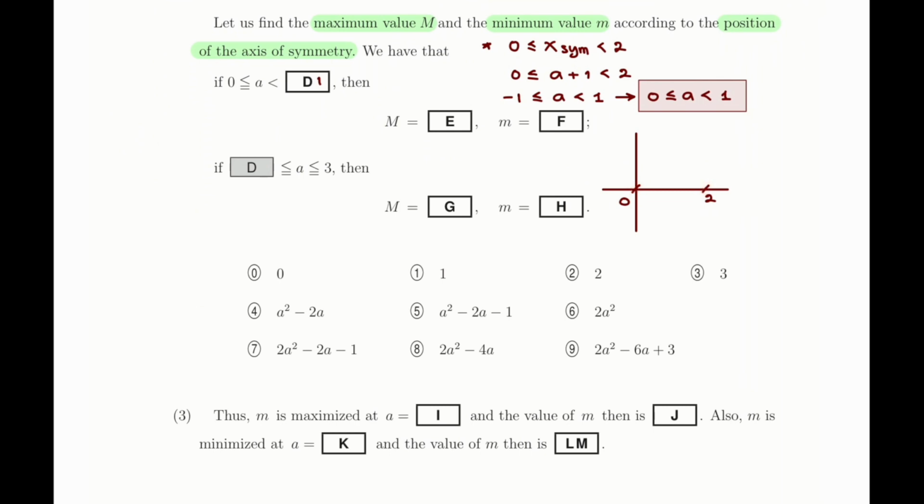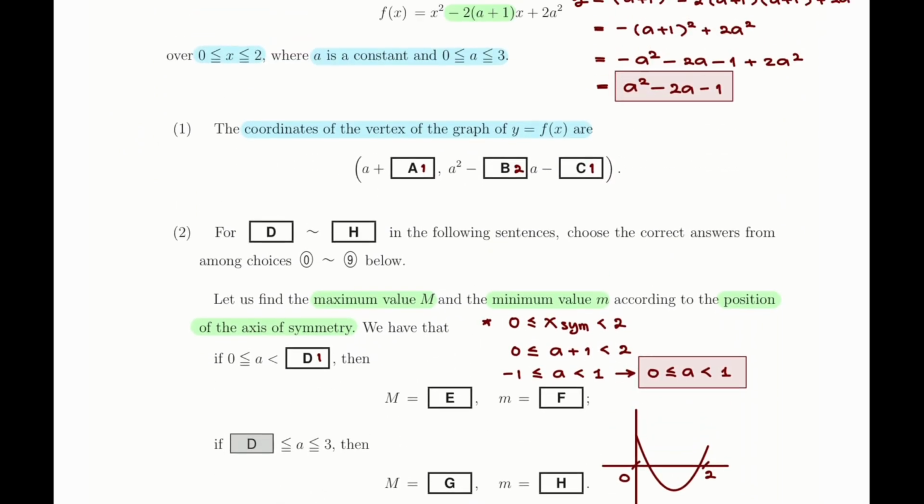So if I draw a parabola in this diagram, I think my parabola should be something like this, from 0 until 2. How do I know the parabola opens upward like this?